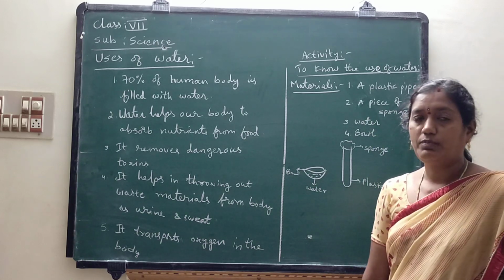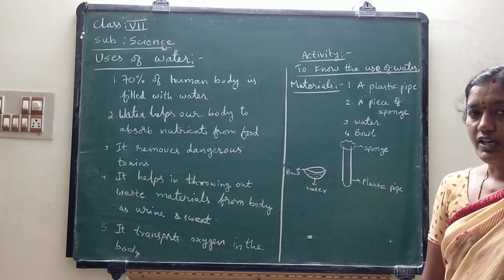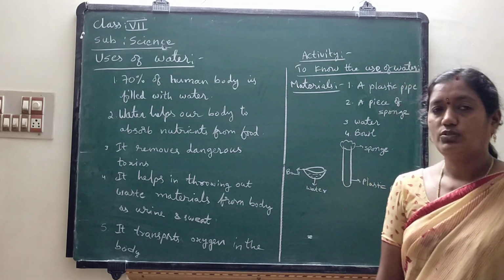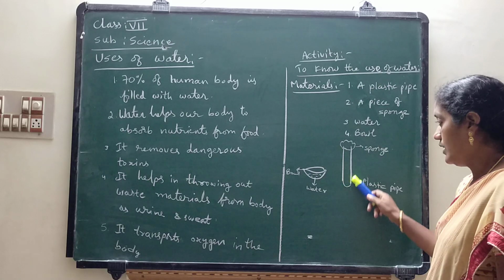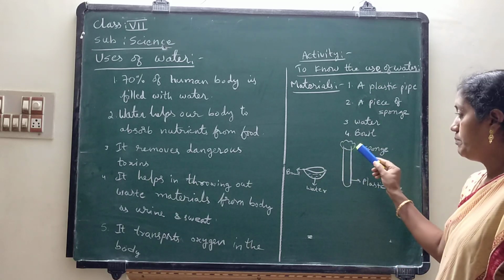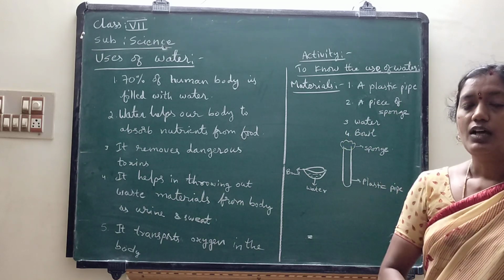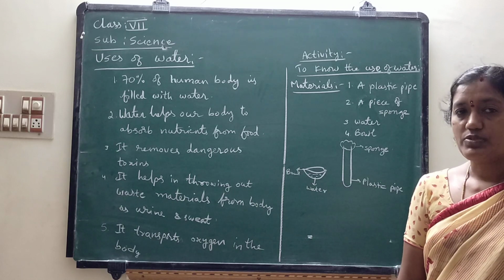Now how will we perform this activity? Let us see. First of all, you have to take a long plastic tube like this, and place the piece of sponge on the long plastic pipe, children.